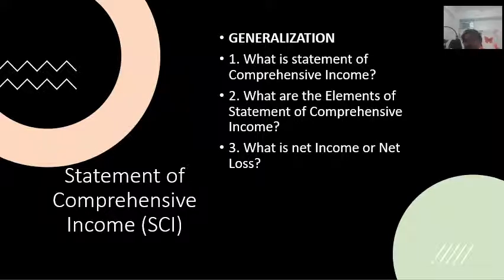Katulad nung nakita nyo naman sa sample income statement natin, ano yung mga nandoon? Revenue and expense lang. Kasi yung assets, liability at owner's equity nasa statement of financial position. So, what is net income or net loss? So, net income, kapag ang result ng operation ay maganda, mas mataas yung revenue kumpara sa expense. And if it is otherwise, kung baliktad, the net loss.